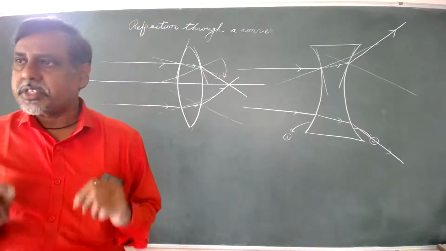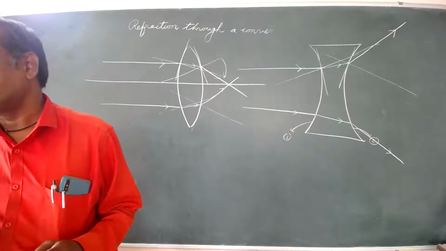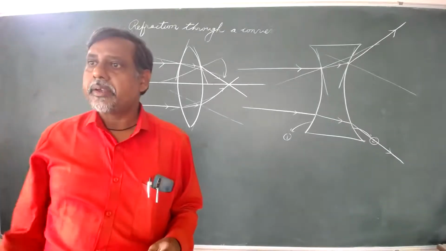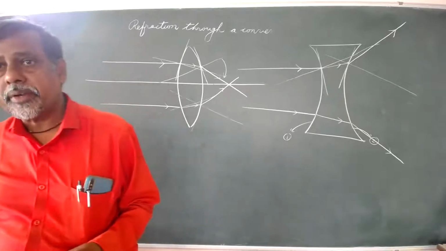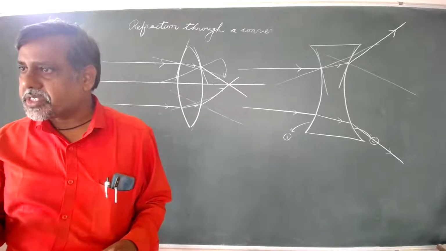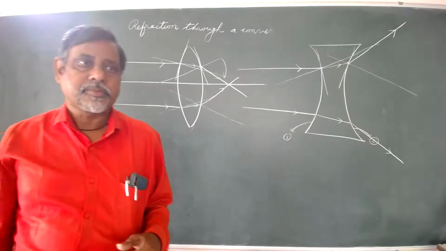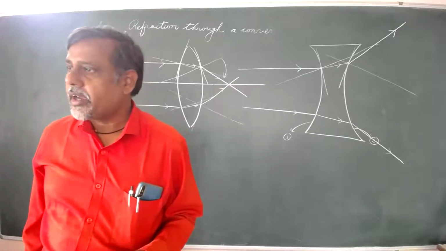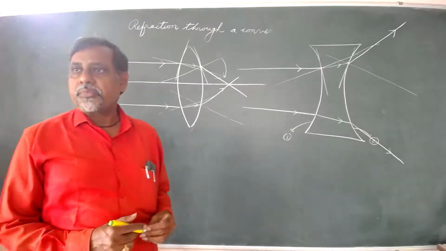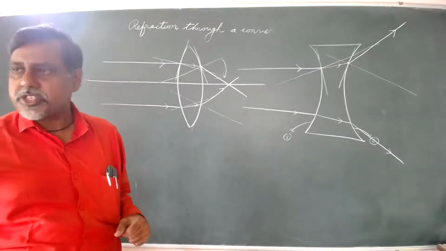So convex lens. How many cases do we come across in convex lenses? 6 cases. If the object is at infinity, where will the image get formed? The image is formed at the focus, which is real, inverted, and highly diminished. Highly diminished means the image is just like a point-sized image.